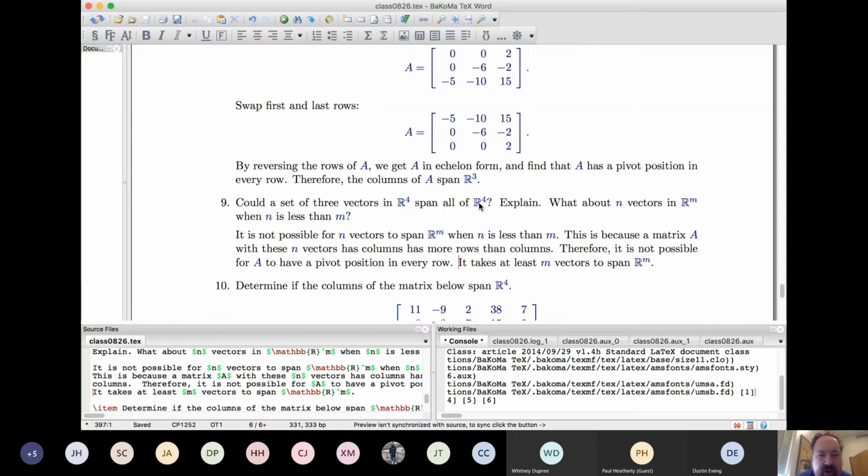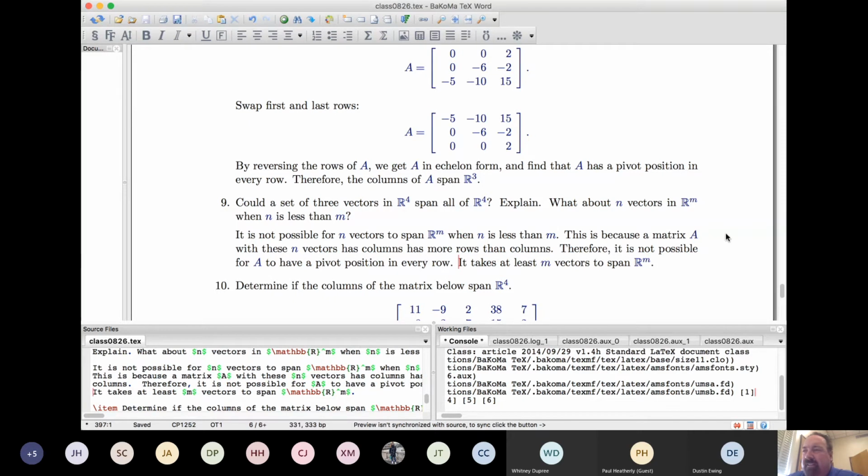Because vectors can always be redundant. For example, let's suppose I'm working in R4, and I have 20 vectors. You might think, oh, well, that's definitely going to span R4, isn't it? Well, actually, you can't be sure about that.